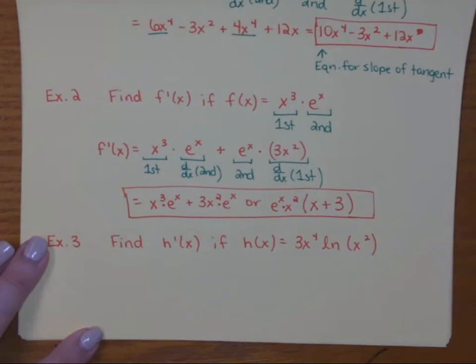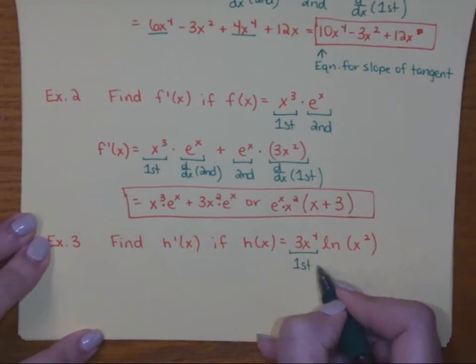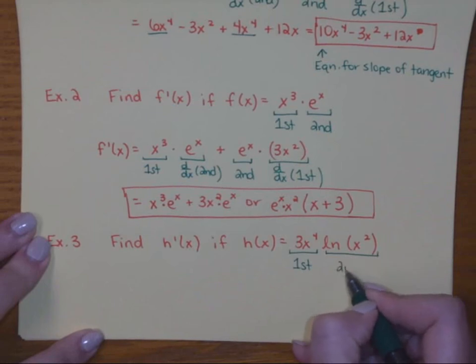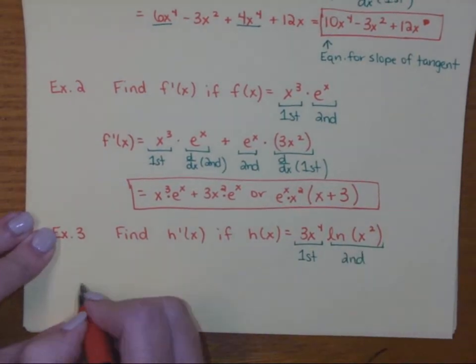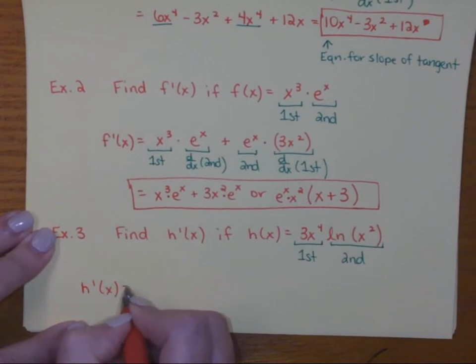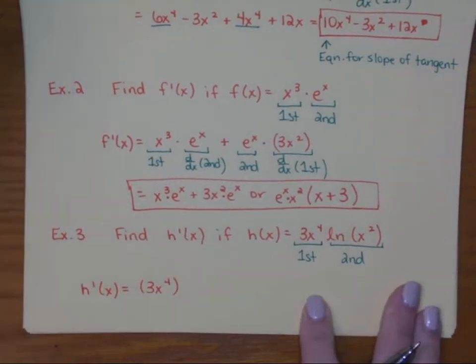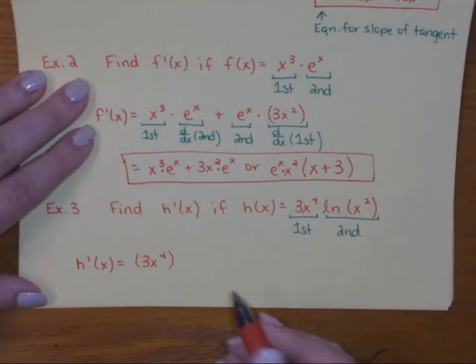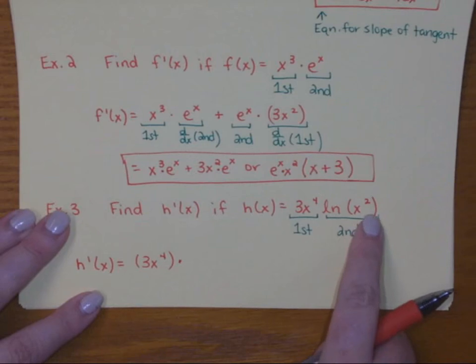It's always helpful when you're first starting to identify what you think is the first function versus the second, because then your derivative formula means a little more. So we'll do first. Notice I'm using parentheses anytime there's more than one piece inside a part. First times derivative of the second. Okay, so you need to think about that.